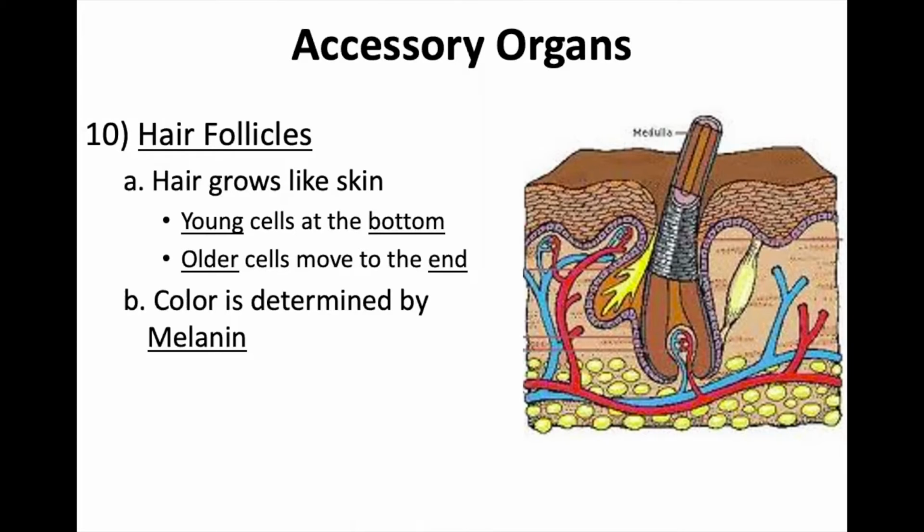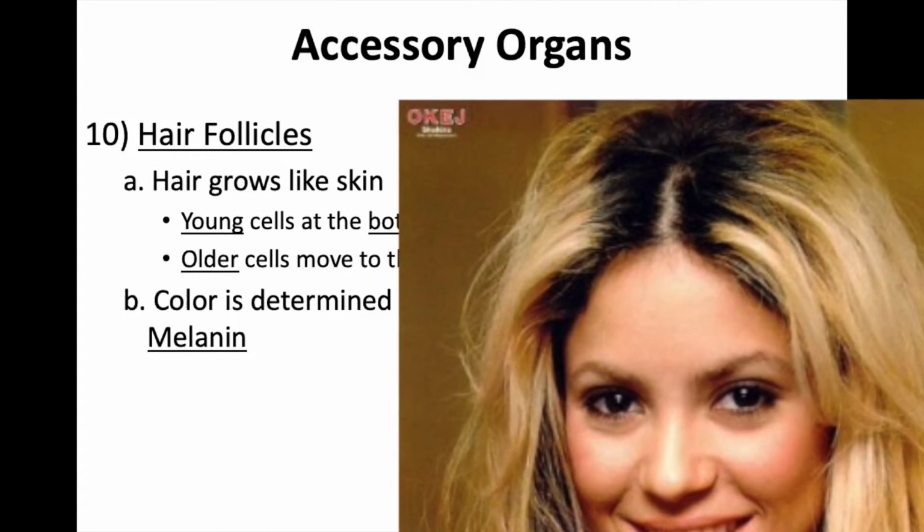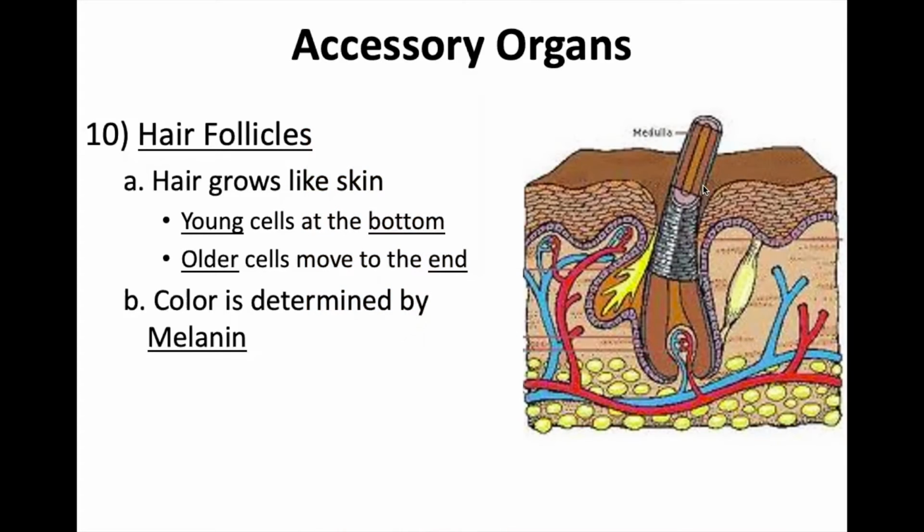Your hair grows by adding more stuff to the bottom, pushing the older stuff up, which is why if you dye your hair, after a while you start seeing your natural color come up from the bottom. You call that your roots, or you say your roots are showing. That's because you're pushing new stuff up underneath the old. And what color is your hair?